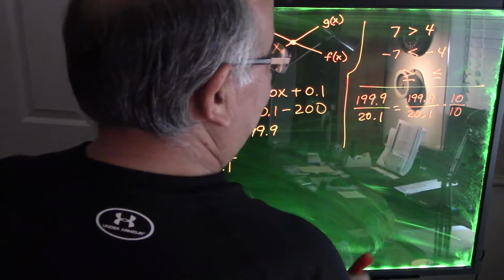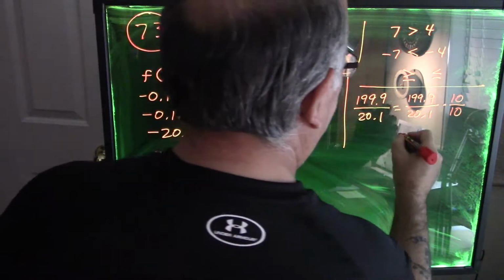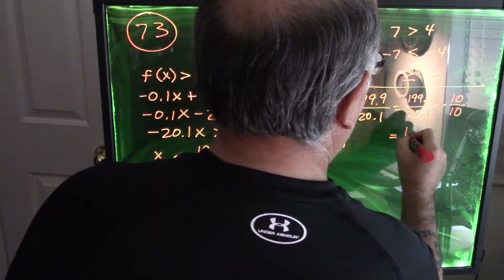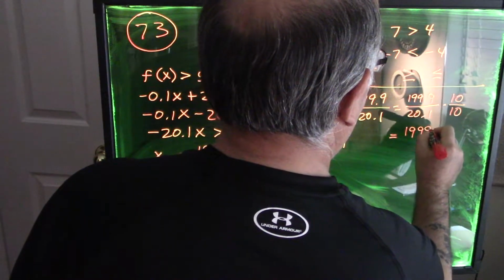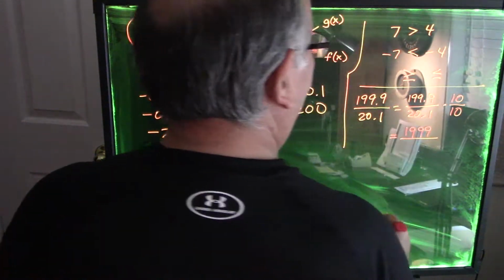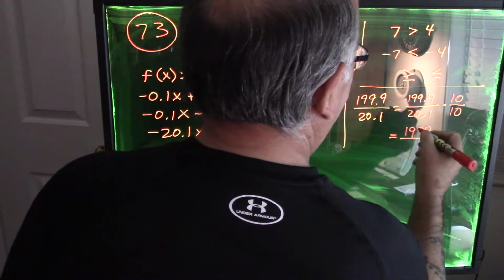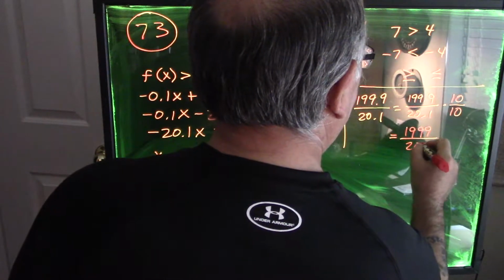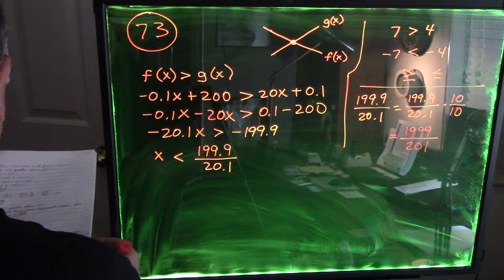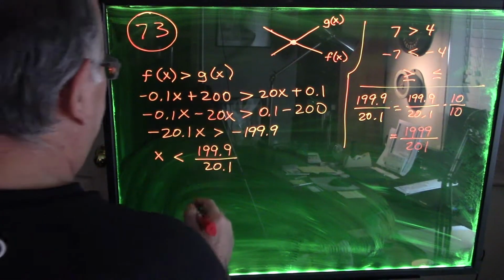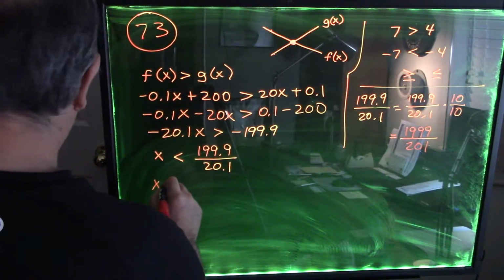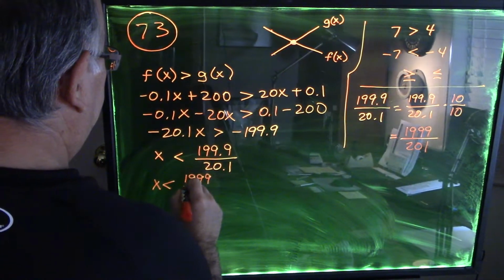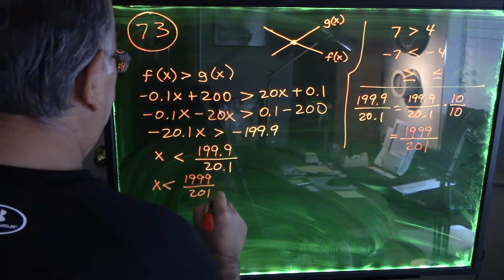All I'm doing is multiplying by 1, so they're still equal. But 10 times 199.9 is 1999. And 10 times 20.1 is 201. All right. Okay. So I can write x is less than 1999 over 201.